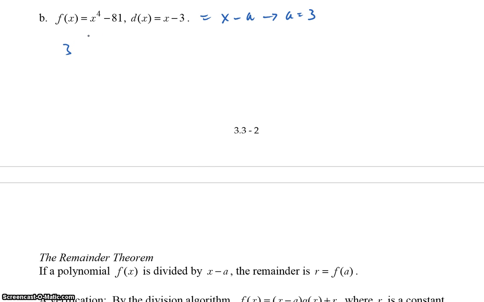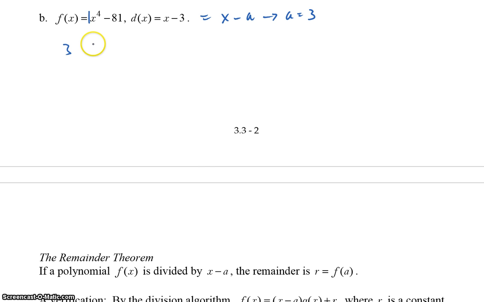The coefficients of f go in the top row, and notice the leading coefficient is 1, but then we're missing several powers of x to the third, x to the second, and x to the first. So all of those have to be written in with coefficients of 0.